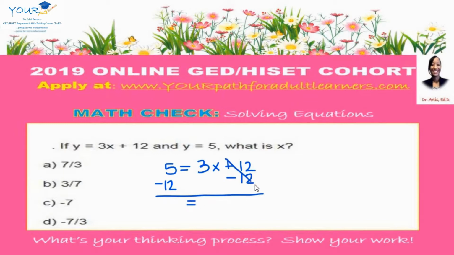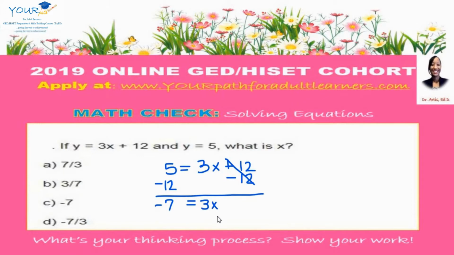We know that we have now crossed out our 12s, so we have gotten rid of the 12. And here we're going to bring down our 3x. Now we have a -12 plus 5, so we're going to subtract, giving us -7 because we're going to take the sign of the greater number.